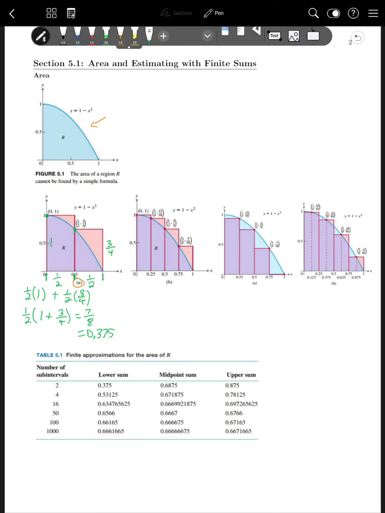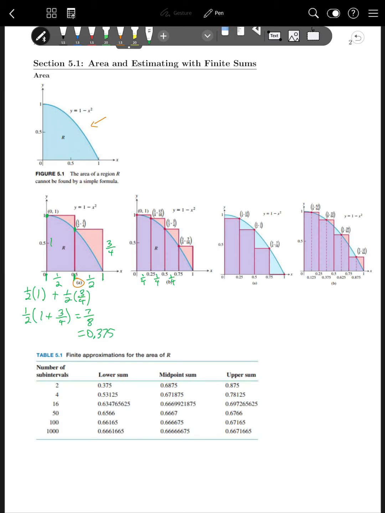Or, since all these regions are the same width, I could factor out the 1/2 and do 1/2 times 1 plus 3/4. If we do that, what we get is 7/8, which is 0.375.